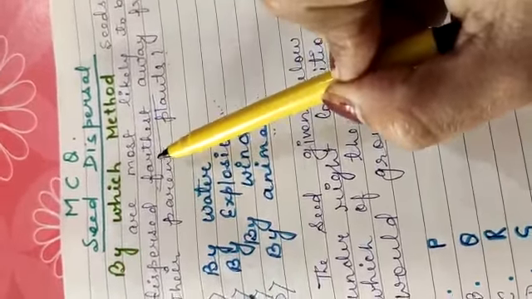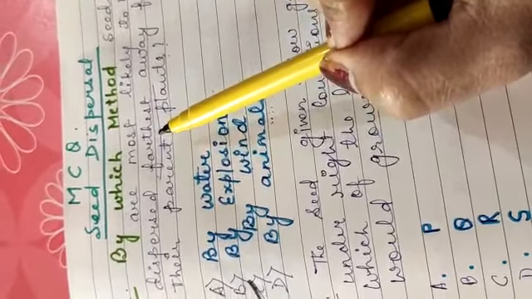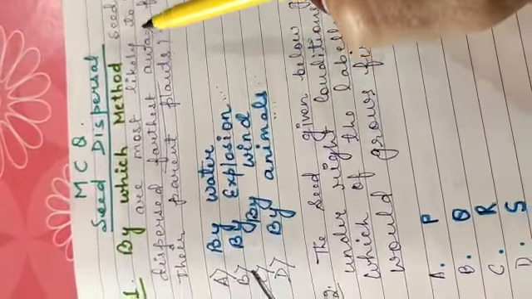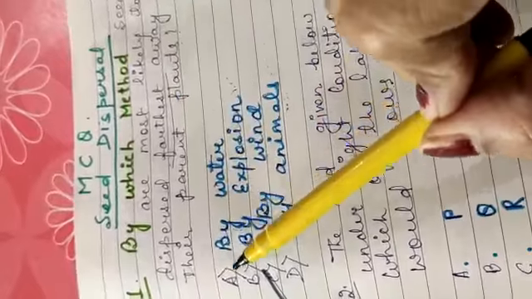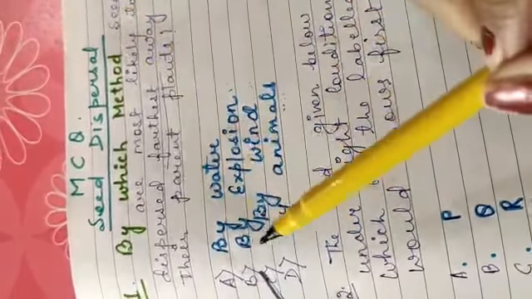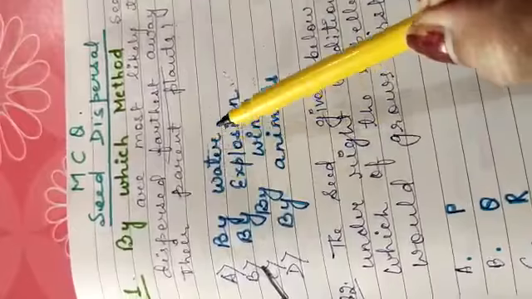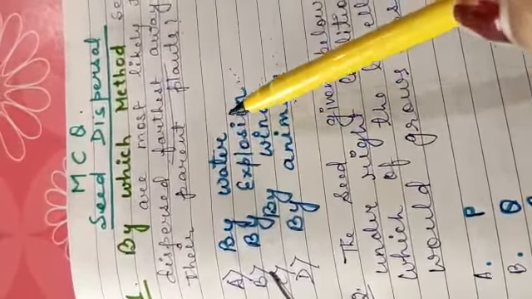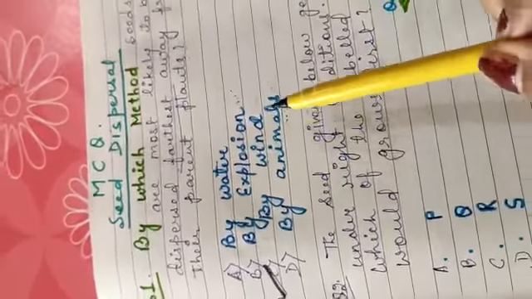The most important words in this question are farthest away. There are 4 options and you have to choose one out of 4: by water, by explosion, by wind, by animals.